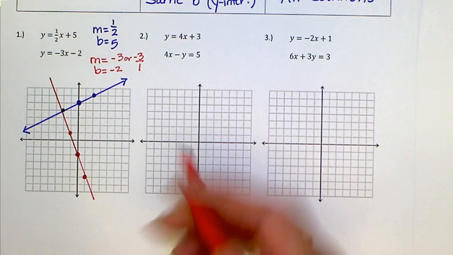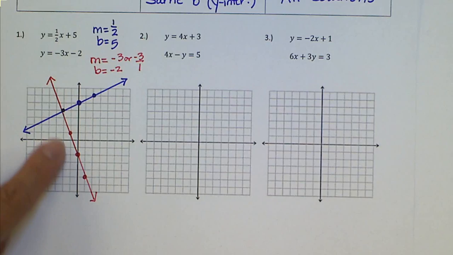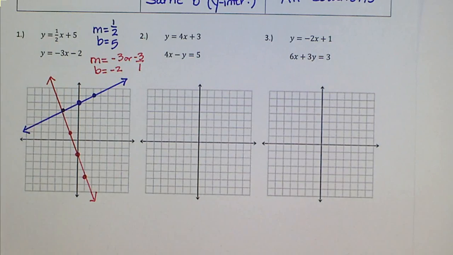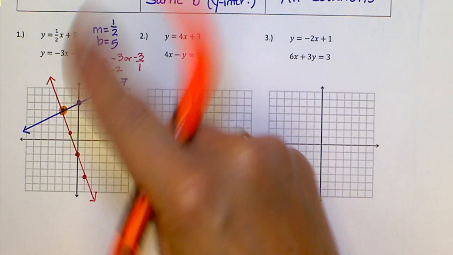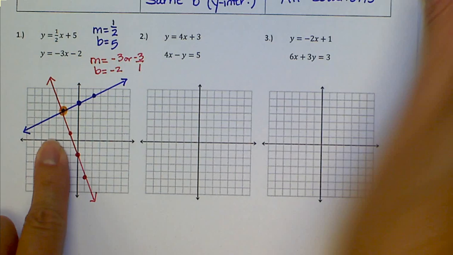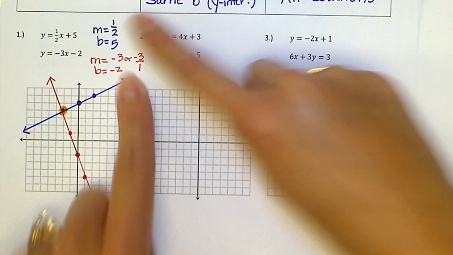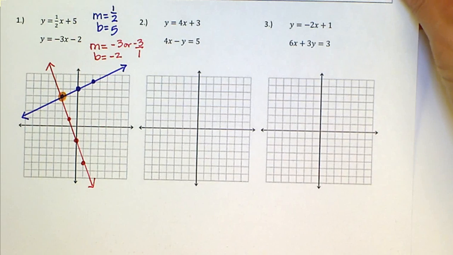Now remember, I know your ruler might be off slightly. My ruler on my red line was probably under just a tad bit, so it's not perfect, but this is where these two lines cross. I just highlighted it yellow. Because they have different slopes, I know that they are going to cross once, at this ordered pair.